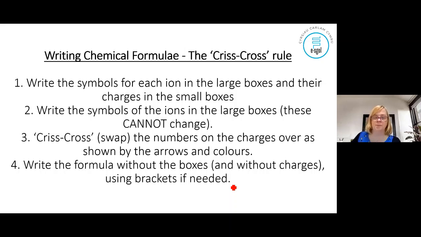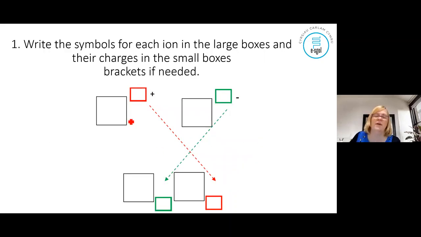So for example, let's go for aluminium oxide. If I put aluminium in there, excuse the writing because I have to do it with my mouse, and if I put oxide in there, O, the charges would be 3 plus and 2 minus.